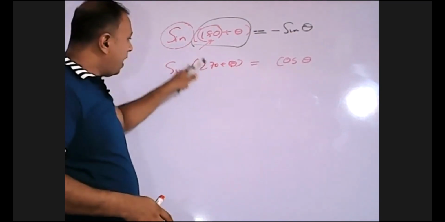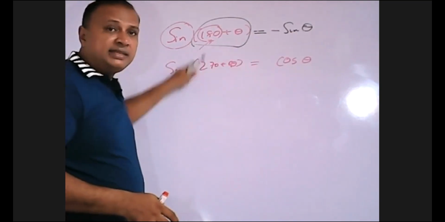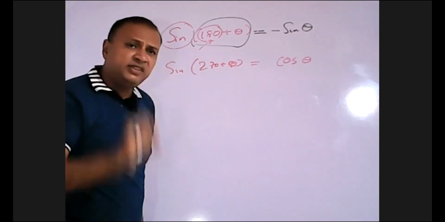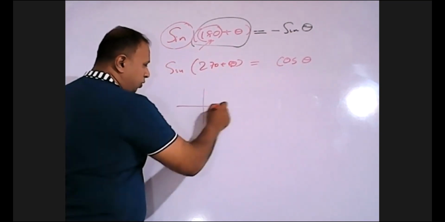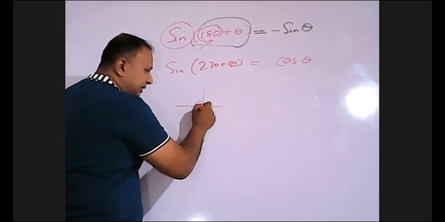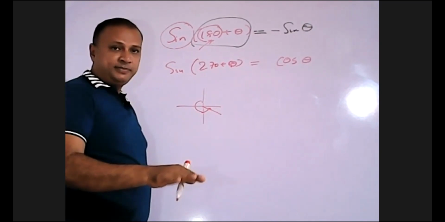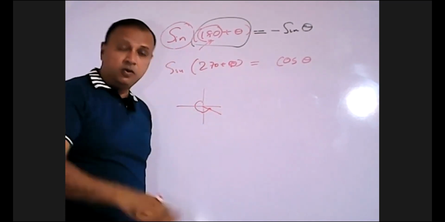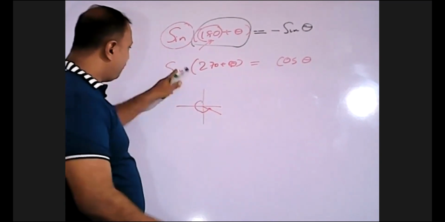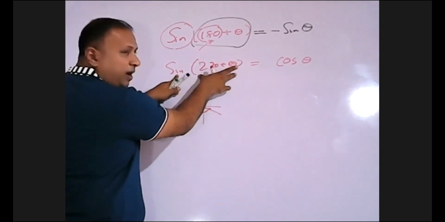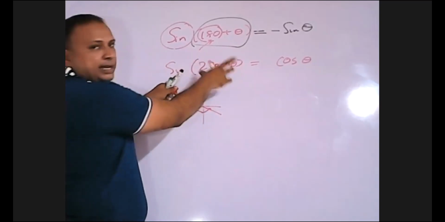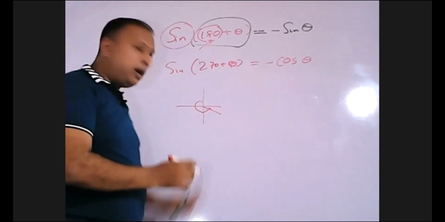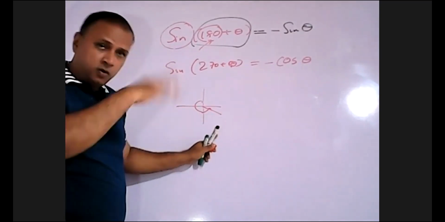Again you have to determine the quadrant of this angle. 270 plus theta belongs to the fourth quadrant. In the fourth quadrant, only the cos values are positive, all the others are negative. Therefore, this should be a negative value.